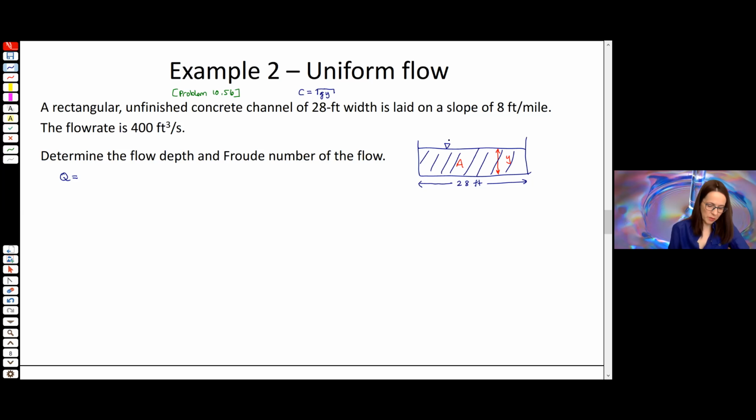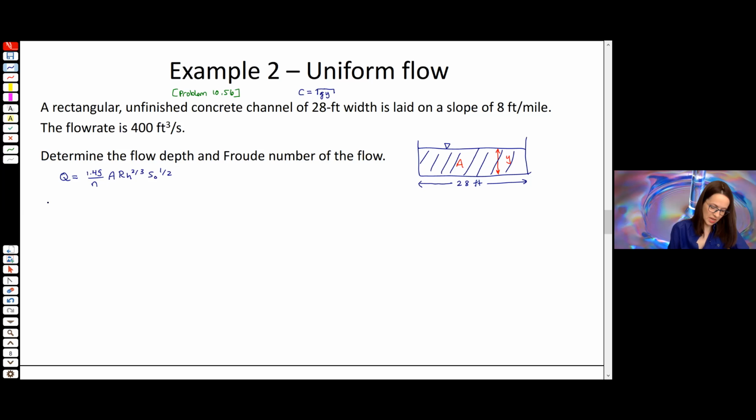Going back to the Manning equation, this time we're dealing with British gravitational units, so we need to use a value of kappa of 1.49 instead of 1, and we'll put this over n for now. We've got our cross-sectional area, our hydraulic radius to the 2/3 power, and our slope to the 1/2 power.